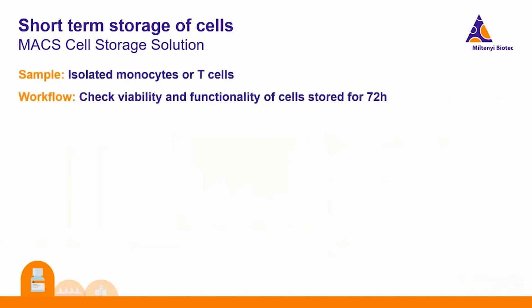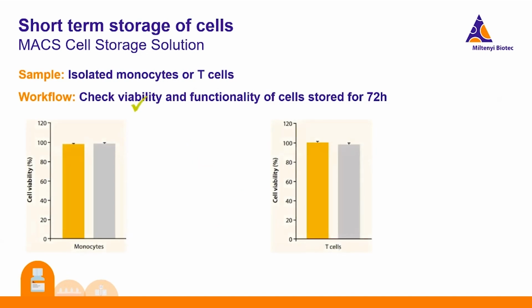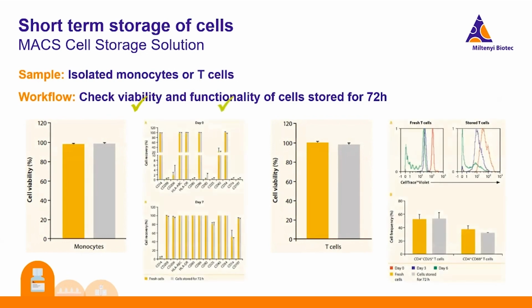We also had a look at the functionality and especially to specific cell types. So we have isolated monocytes and T cells and checked the viability after 72 hours. Both look very great. And we did functionality assays where we have used the monocytes and generated monocyte-derived dendritic cells.